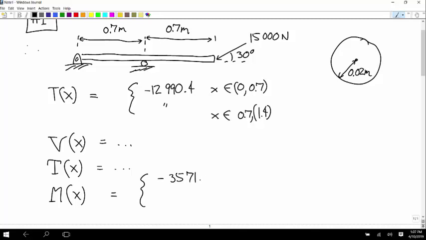Okay, that's for X between 0 and 0.7. All right.